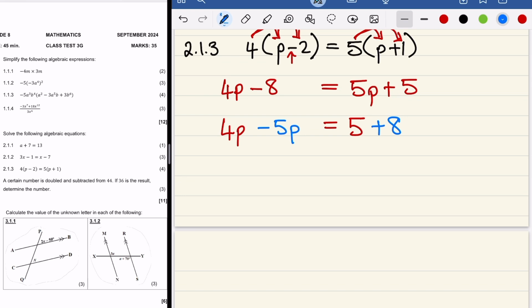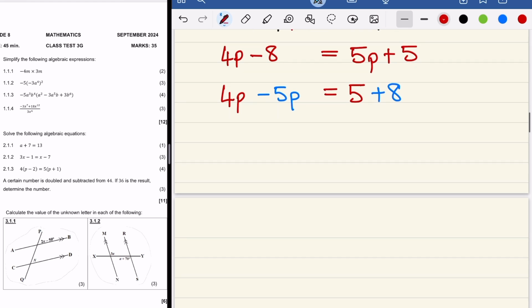So that's 5 plus 8. And simplifying this, we have 4p minus 5p is -1p, or -p. And 5 plus 8 is 13.